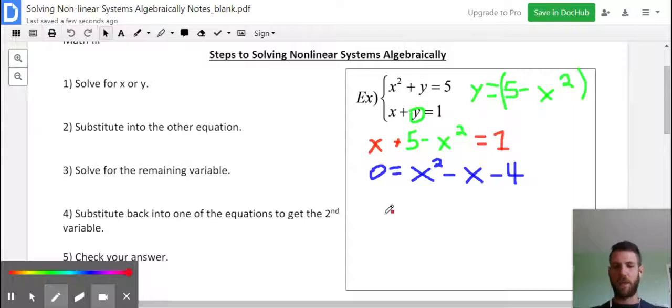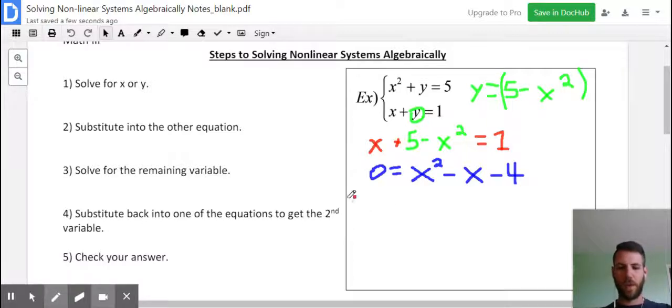To solve this equation for x, we would use the quadratic formula.